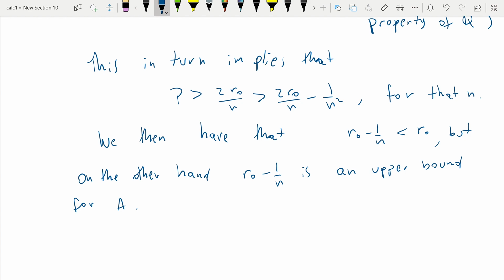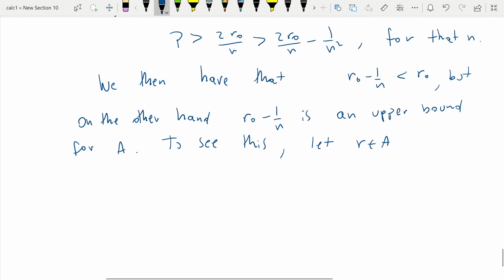Again, to see this, we proceed as before. We take one r in A, and then r squared is less than 2, which is less than R naught minus 1 over n squared.